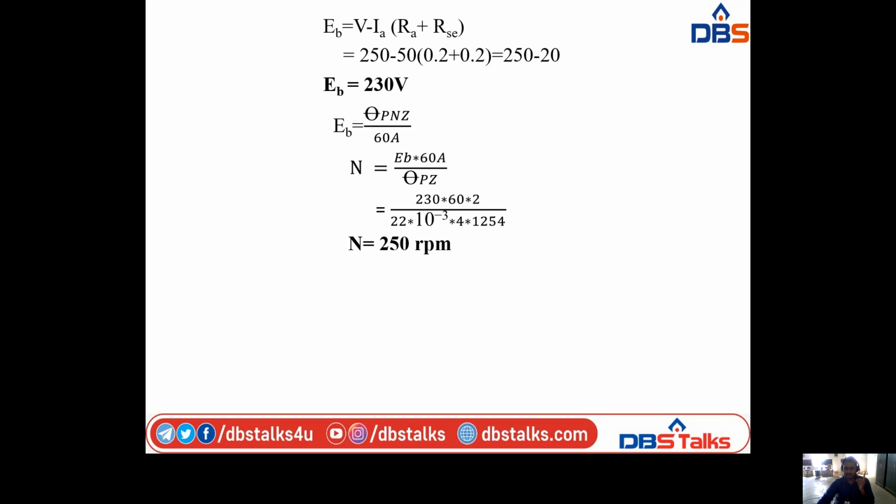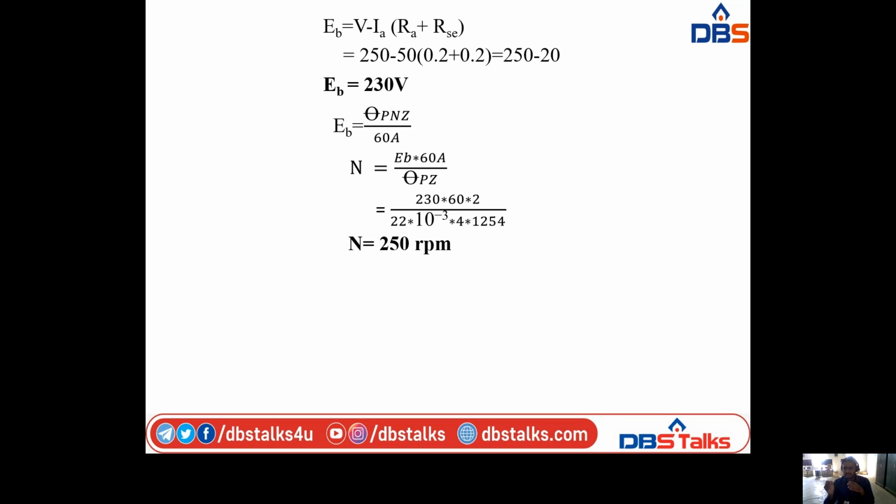Why? Because from the voltage equation for a DC series motor, V is equal to EB plus IA into RA plus IA RSC. So I am writing V minus of IA of RA plus RSC. Supply voltage is 250 minus armature current 50 amperes and armature resistance 0.2 plus series resistance, that is the field resistance, also 0.2.